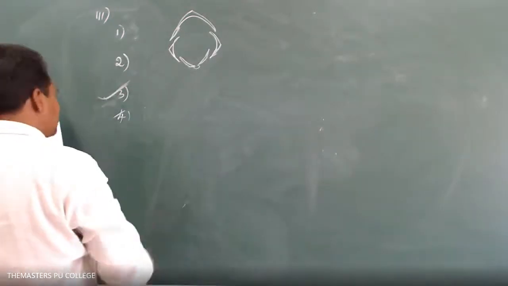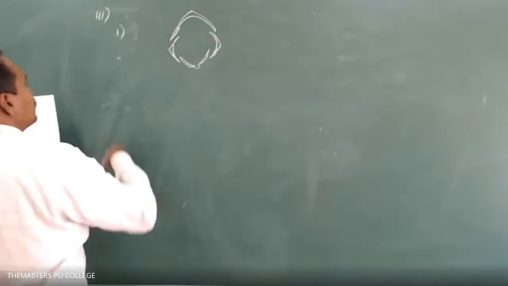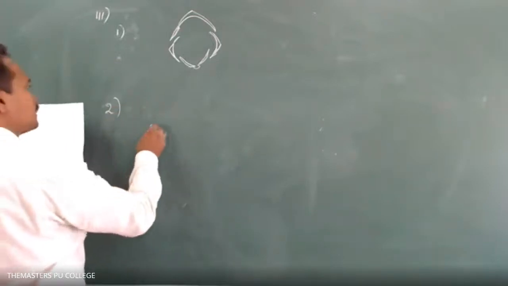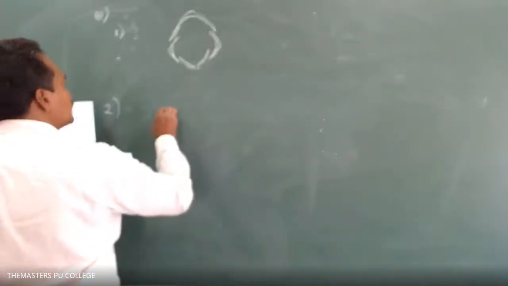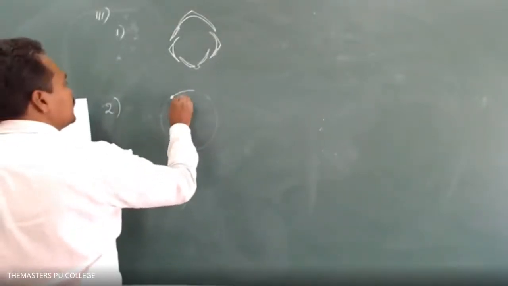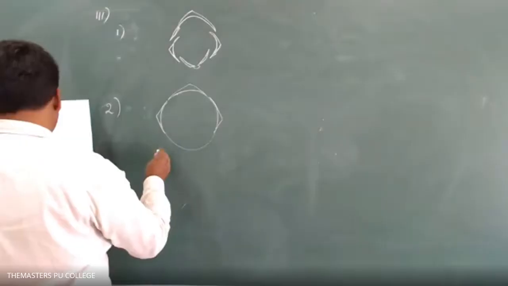Second diagram: valvate. Third: imbricate. Fourth one: twisted.